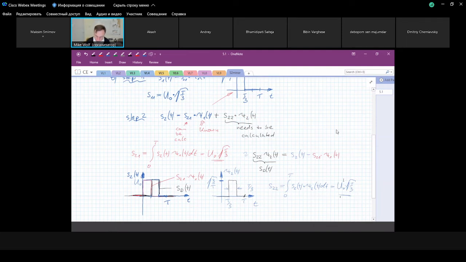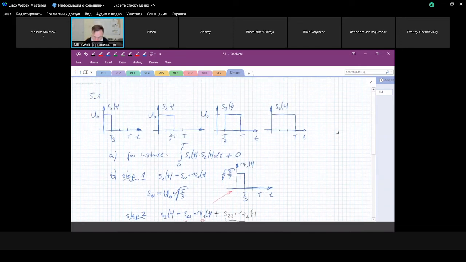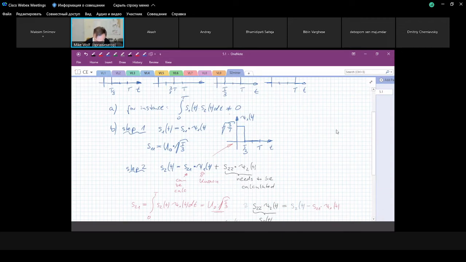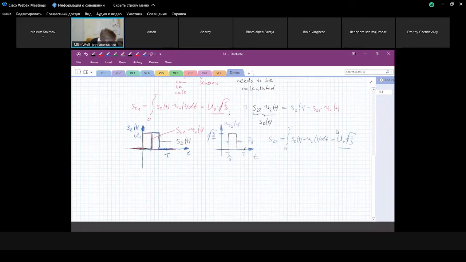So now we basically have the first component and the second component of the second signal vector representation. Now we proceed, and you see here's the signal S3 of t, and for sure we need a further basis function. The procedure is again the same. So we say step 3. S3 of t is equal to, what do we know until now?